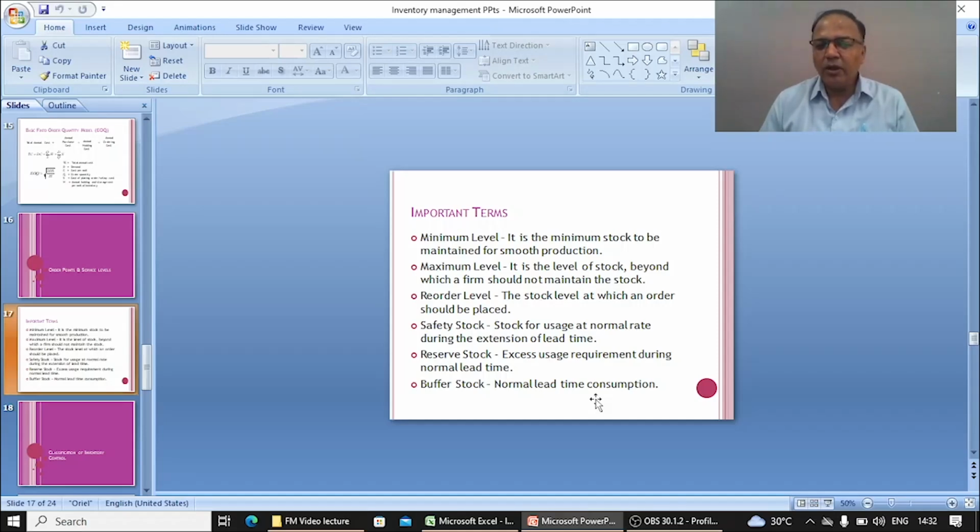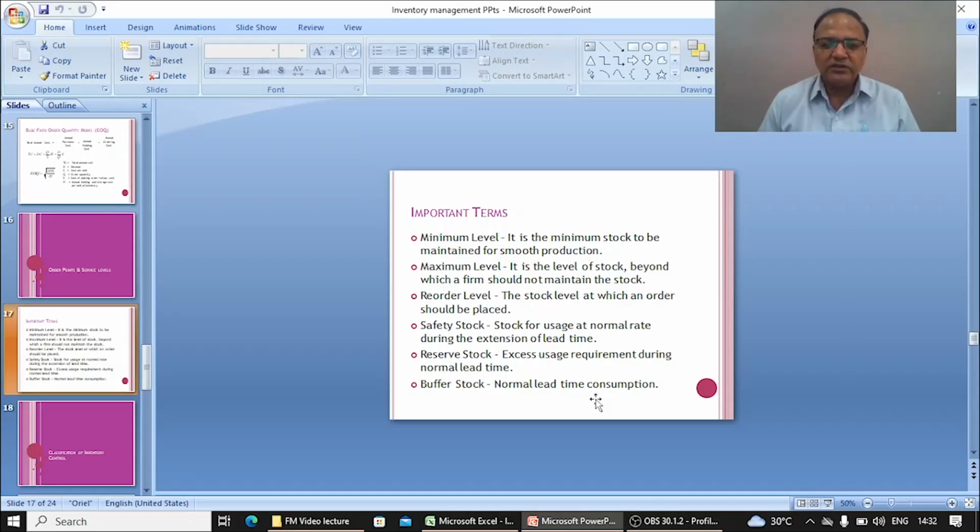Sometimes you have to take the help of third party for warehousing, and at the same time you have to stock your money in the form of stock. And if you are keeping more stock with your organization, then profitability of the organization will go down.